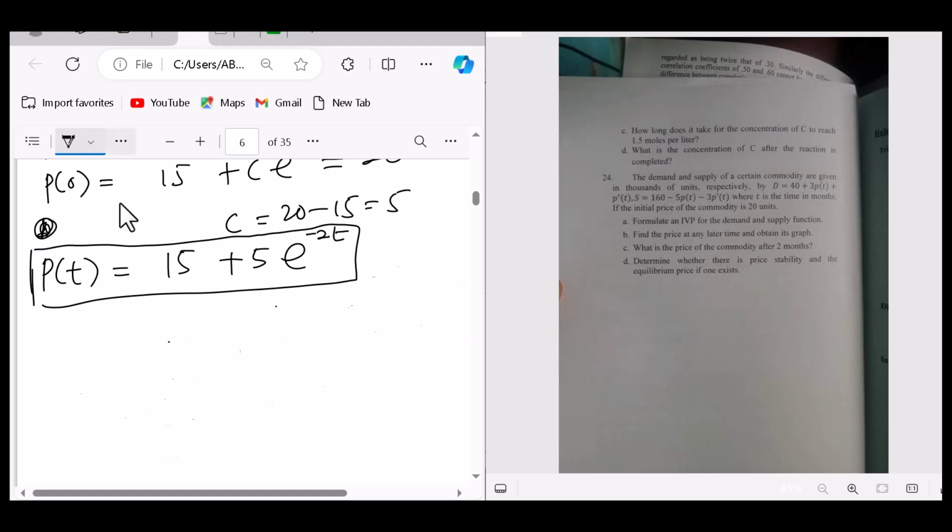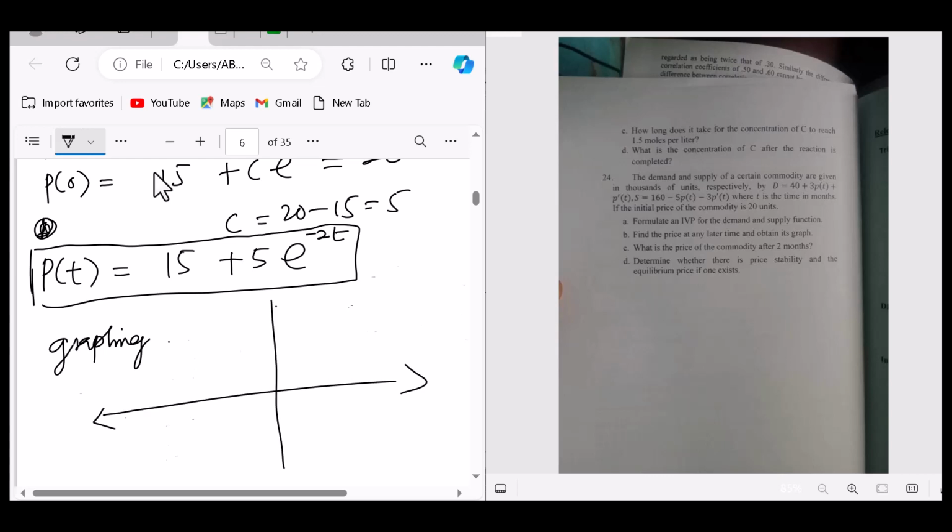Oh, my pen has gone low battery. Oh, sorry, it is still working. So graphing, if we have our x and y axis like this, at t equals 0, we get 20.